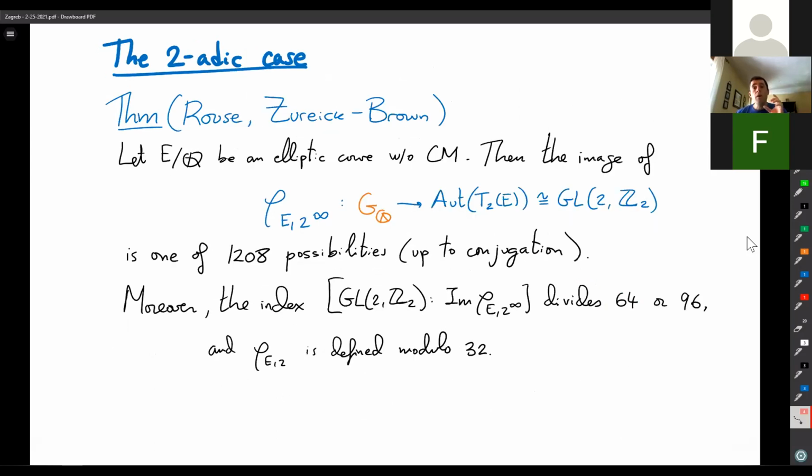All right, so now the adelic representation is formed by pieces, which are p-adic. You want to know what happens also with the p-adic Tate module. And recently, there was this huge theorem by Rouse and Zureick-Brown where they completed a classification, again in the non-CM case, but I've treated the CM case separately, that if you have an elliptic curve over Q, then the image of the two-adic Galois representation is one of 1,208 possibilities up to conjugation.